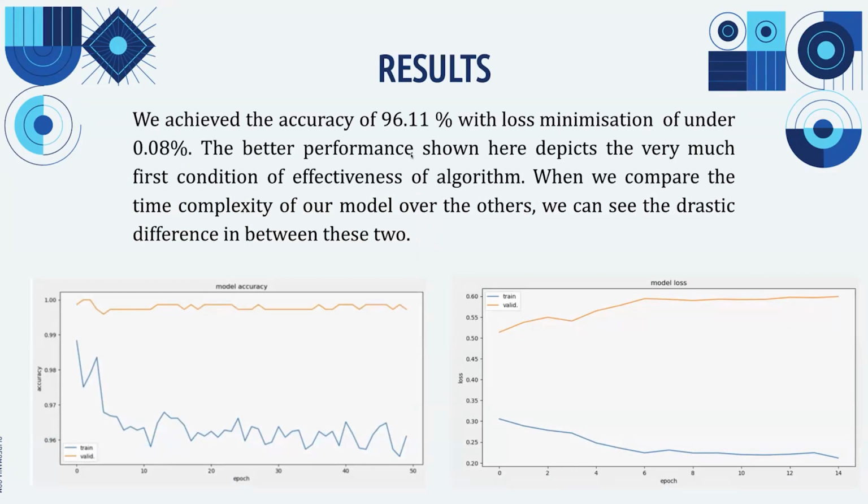When we compared the time complexity of our models over the others, we saw drastic differences between the two. To give a rough overview, the multi-label classification tasks achieved an accuracy of approximately 93% on the Aptos 2019 dataset, whereas we achieved an accuracy of 96.11%.